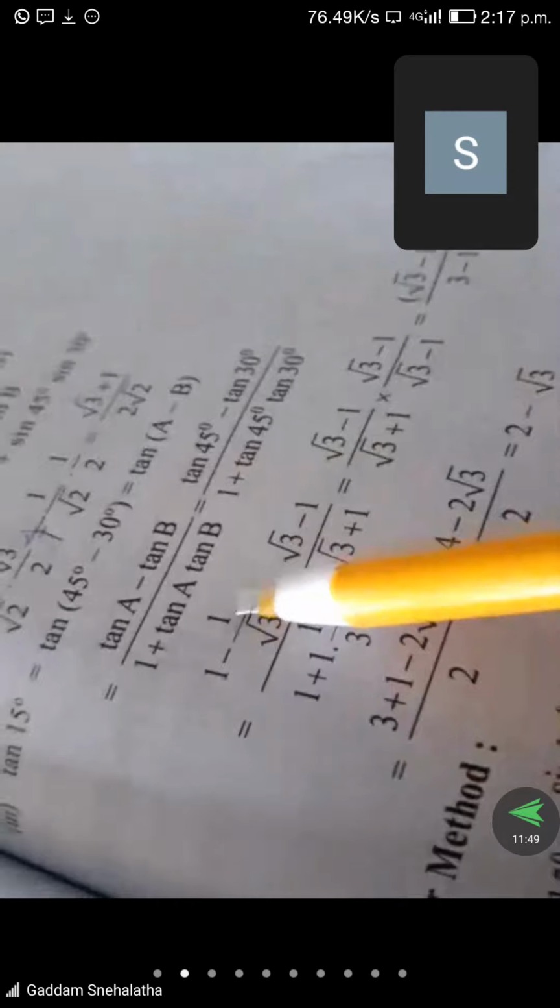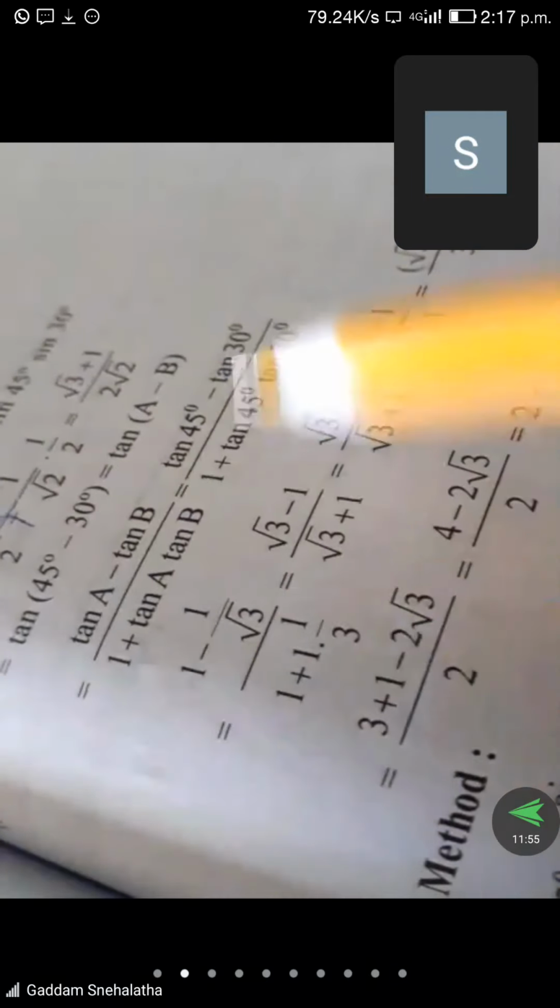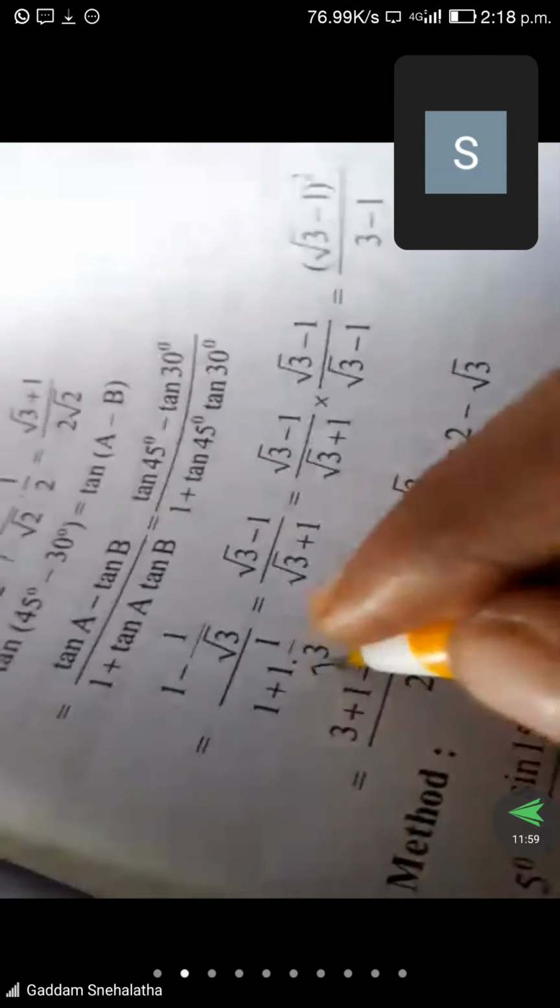So tan 45 value is 1 minus tan 30 is 1 by root 3, by 1 plus tan 45 is 1 into tan 30 is 1 by root 3. Now if I do LCM, what do I get here?